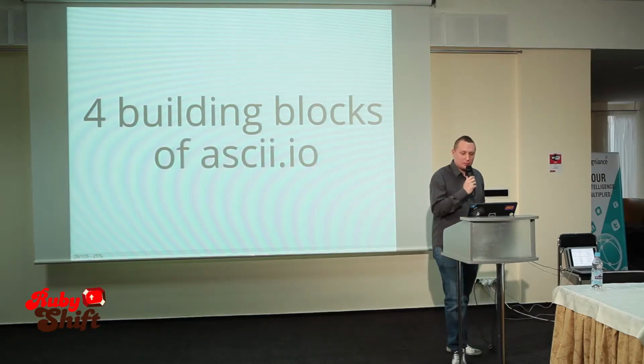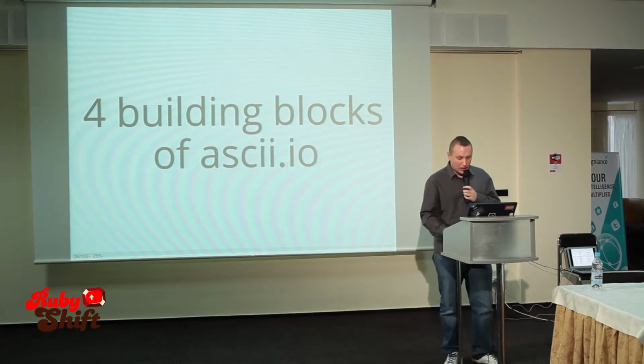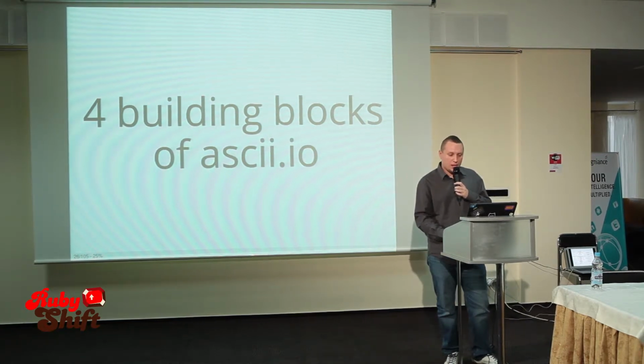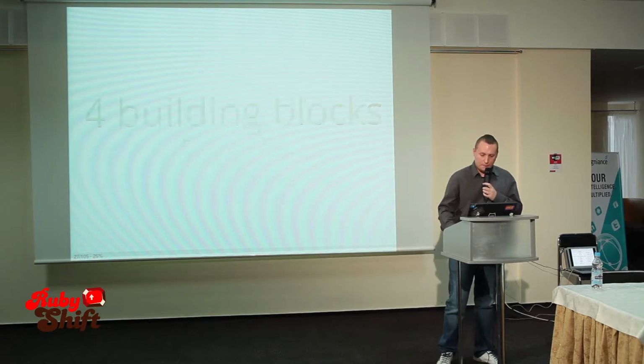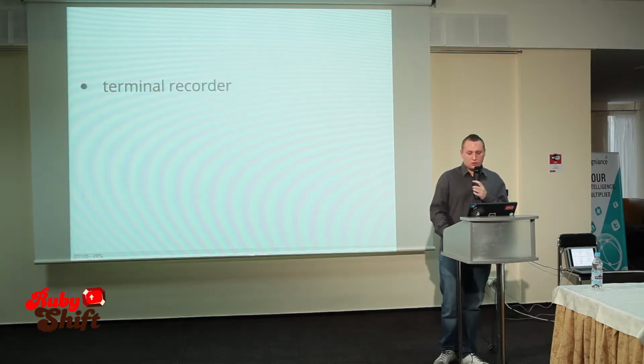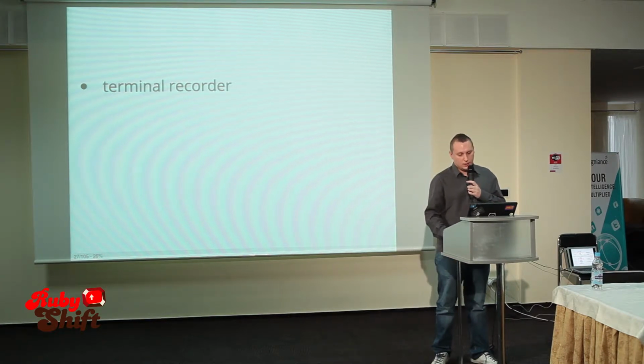Alright, there are 4 building blocks of ascii.io, and I will tell you how I implemented them, why in this or that technology, and sometimes why not in Ruby. So there's the terminal recorder, which you have just seen, the ascii.io command.